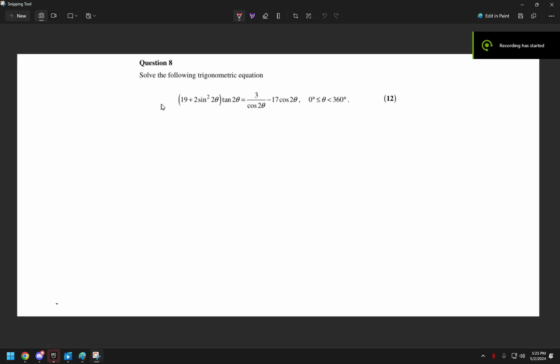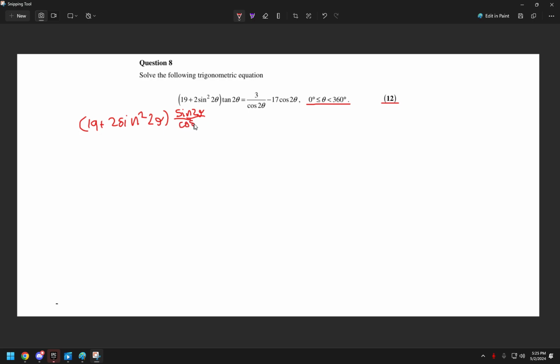Alright, so we got a 12 mark trig question, and they want us to solve it between 0 and 360. So the easiest way of doing this is to turn the tan 2 theta into sine 2 theta over cos 2 theta.